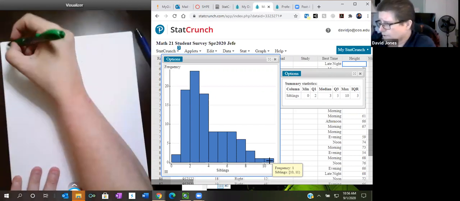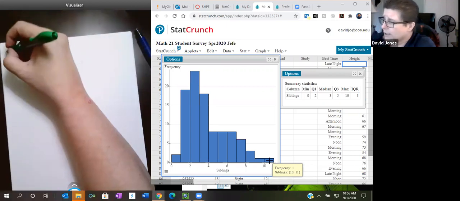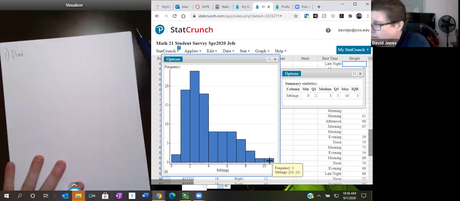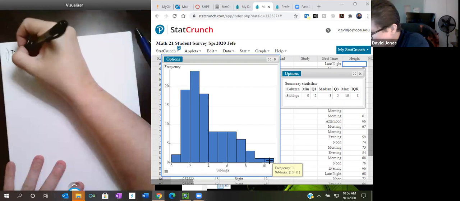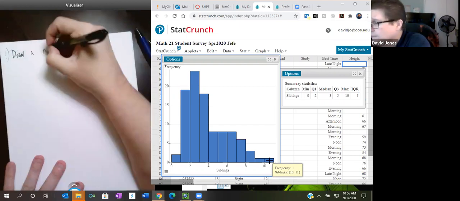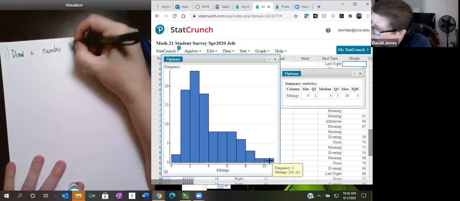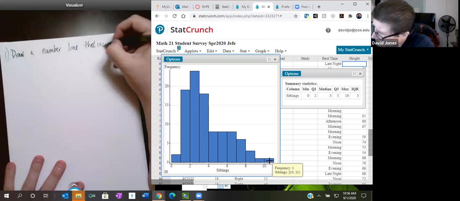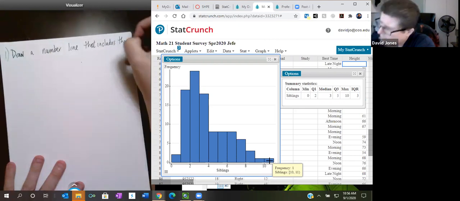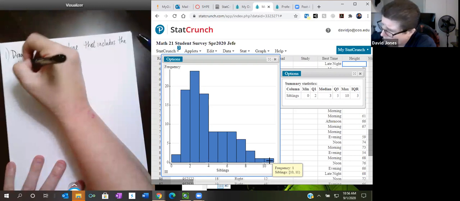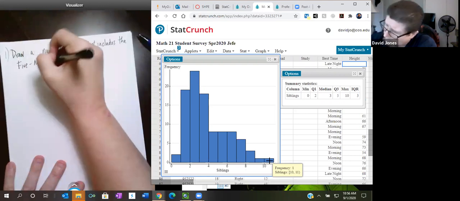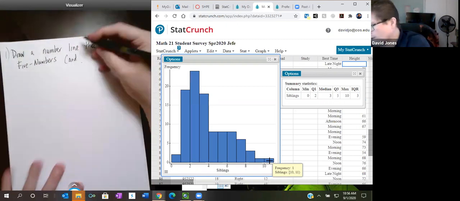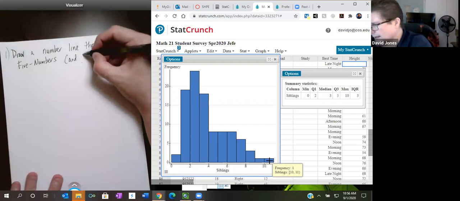Step 1, draw a number line that includes the 5 numbers and the fences.